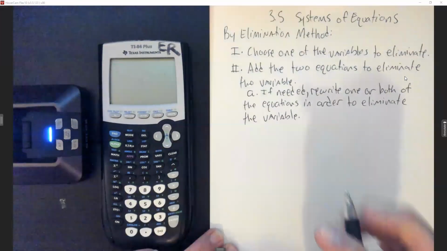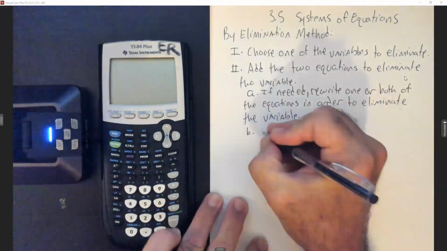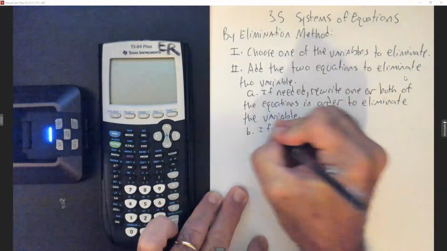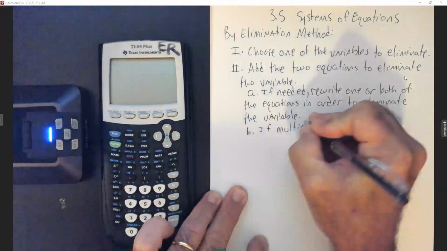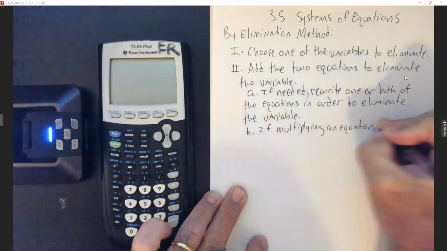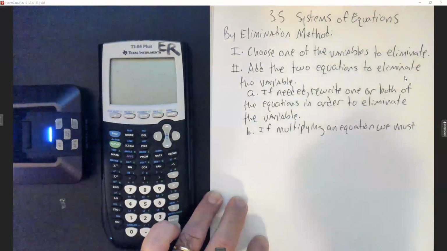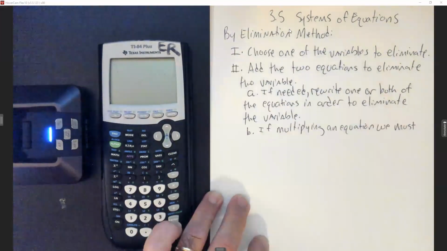Alrighty, so here's the thing. If multiplying an equation, we must multiply both sides of the equation.